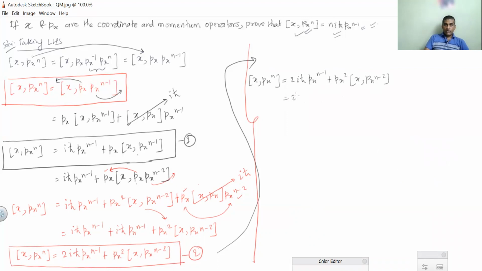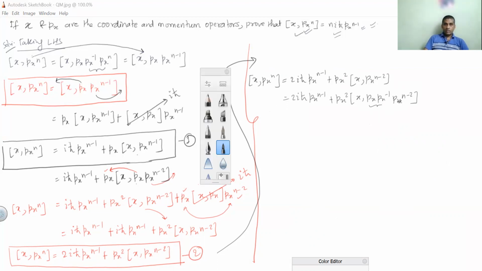Okay, so now we can write in this way. So this gives us the value 1, and we have px power n minus 2 inside the commutation relation.